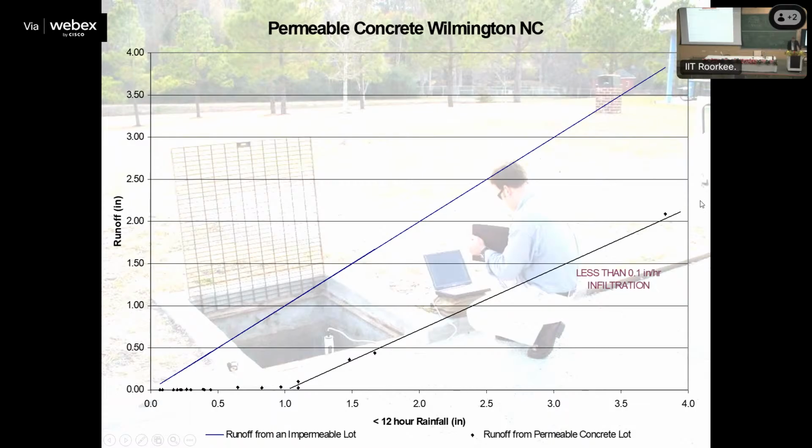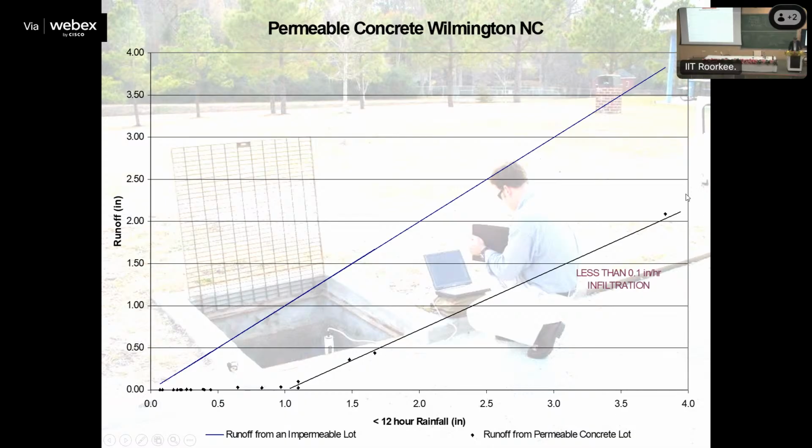Well, this is the one-to-one line, and all these little dots here, that's the amount of runoff that we observed. Okay, and so we based this design to capture runoff from 1 inch of rain, 25 millimeters of rain. And you can see that once we got to 25 millimeters or 1 inch, we started getting runoff produced, all right?